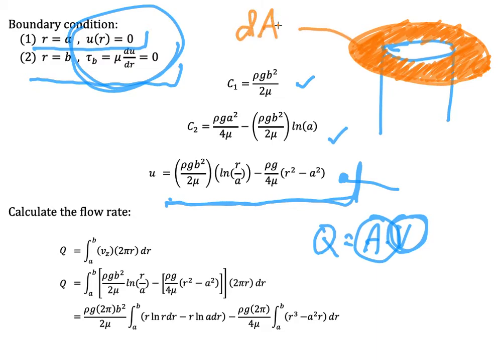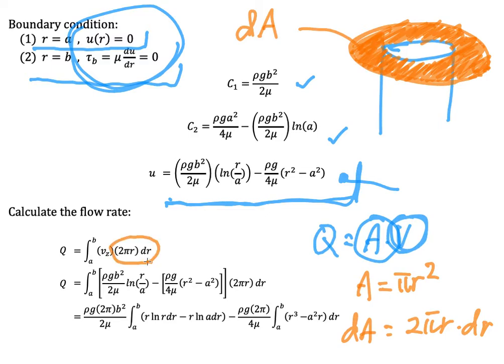Normally the simple idea is the area A is pi r square, and then dA is equal to 2 pi r dr. That's why we put 2 pi r dr in the integral form, because it reflects the idea of this one.